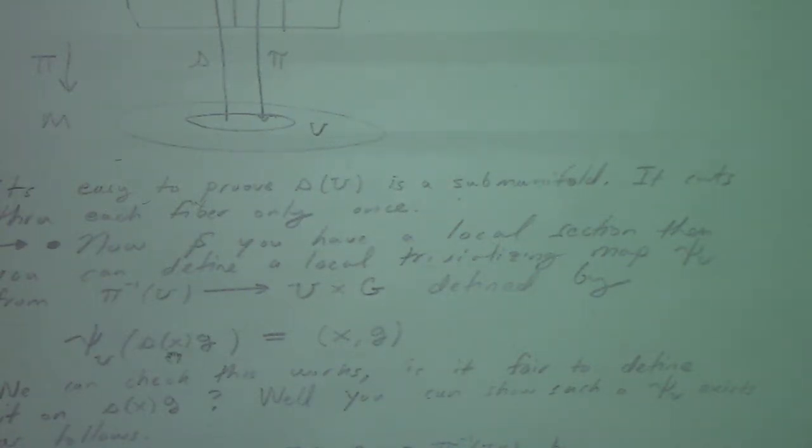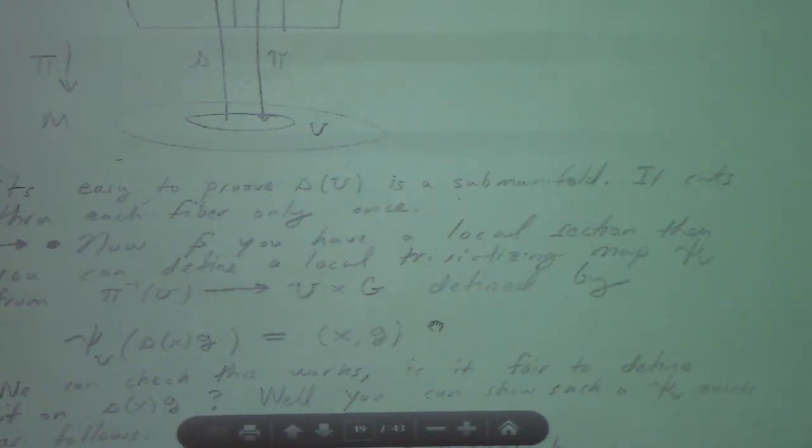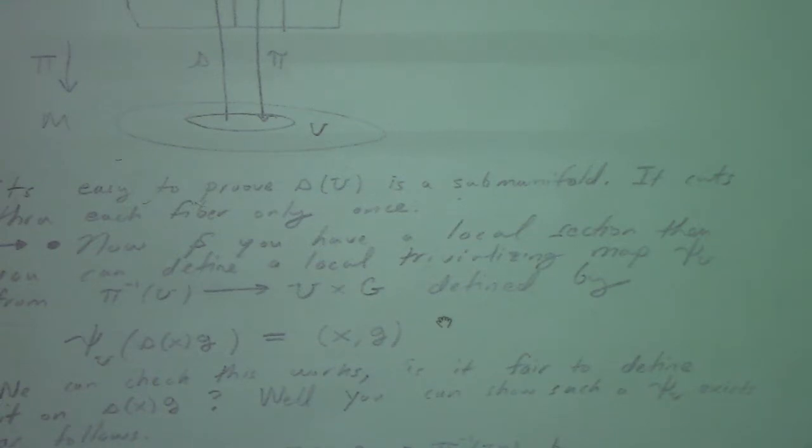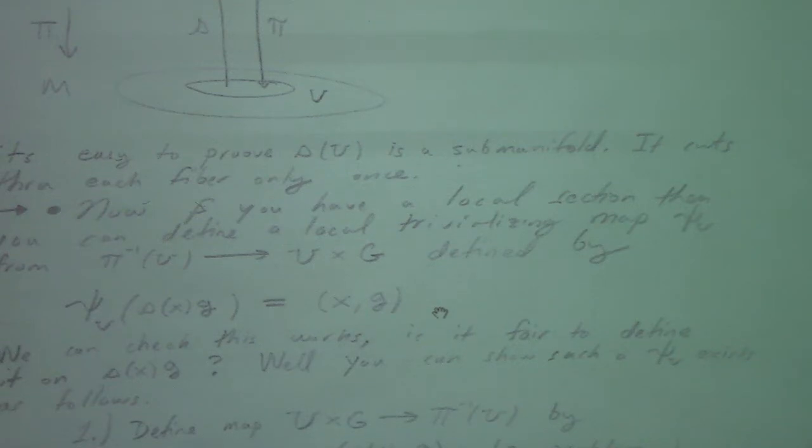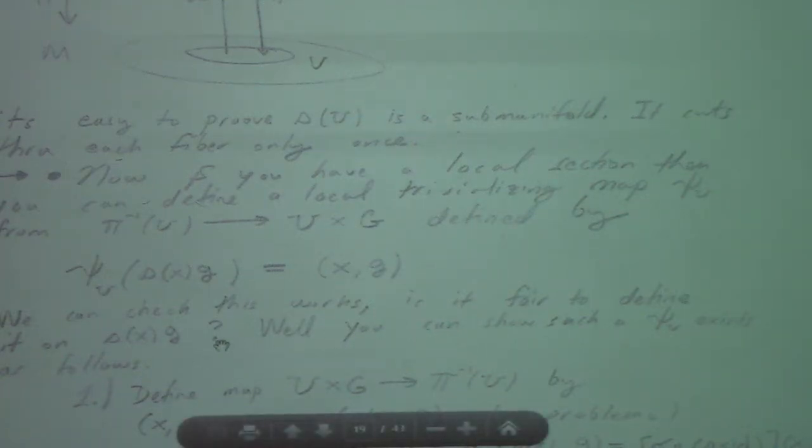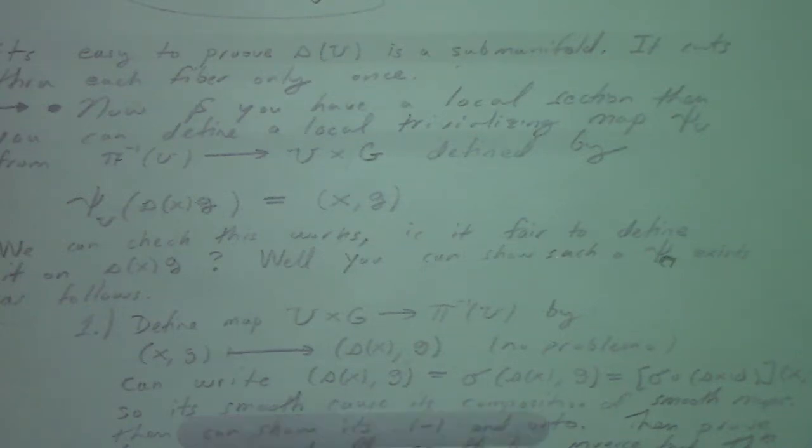And that maps to x comma g, and you can sort through the fact that that satisfies the axioms that a local trivializing map on a principal fiber bundle must satisfy. You can show such a trivializing map exists as follows. Define this map. This is inside baseball for us.